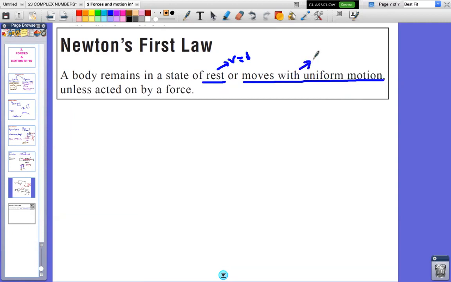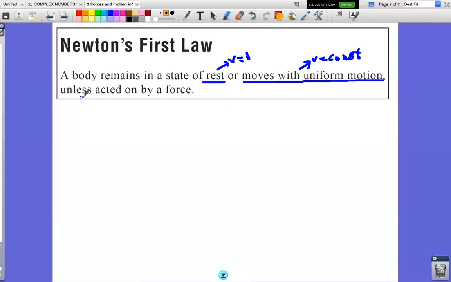This means velocity is a constant. Velocity will not be changing unless it is acted upon by a force. I'll delete this and I'll write here by a net force.